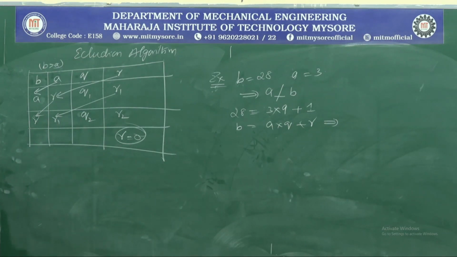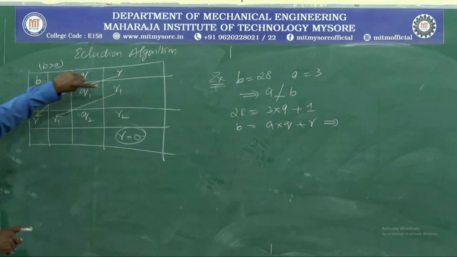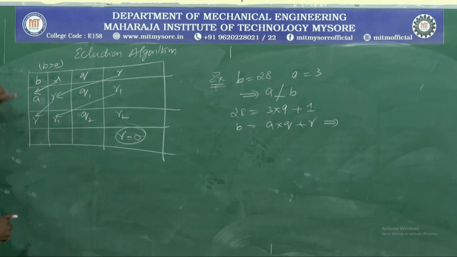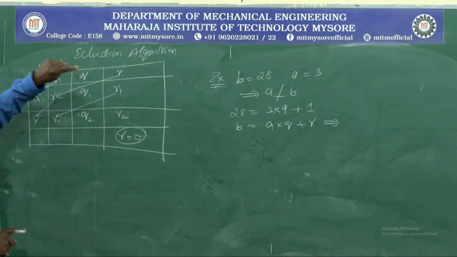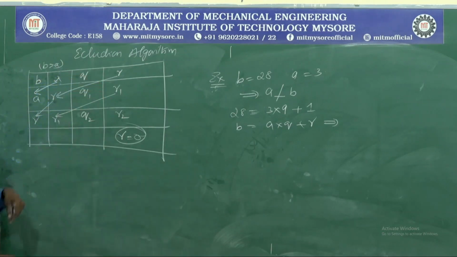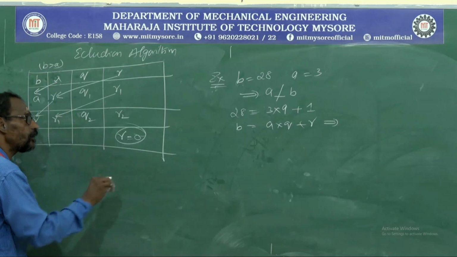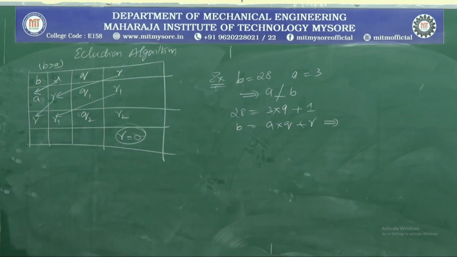Repeat this procedure, apply a loop. Take the B, take the A, get the Q, get the R, replace B by A, replace A by R, get Q1, R1. Again replace B by A and A by R1, get Q2, R2. This sequential iteration continues until you get R equal to 0.